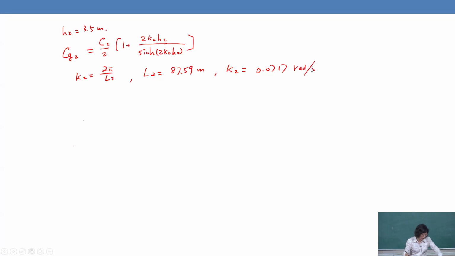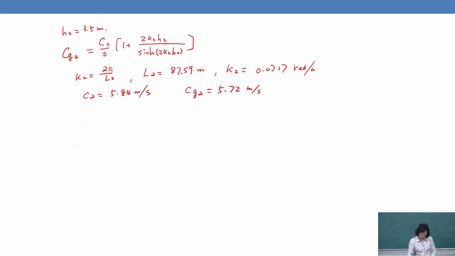That's the wave number you are having. So based on that, we are able to calculate C2. I skip all those calculations. You are able to do that from yesterday's linear wave theory. So we will have our Cg2 equal to 5.72 meter per second. That's the speed.